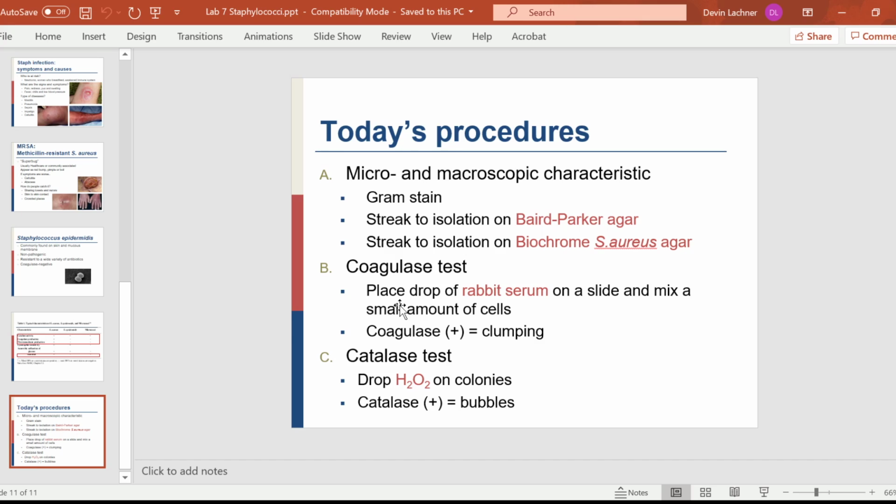Now, if we were in lab, we would be performing a gram stain and then a streaked isolation on Baird-Parker and BiochromeStaph aureus agar. We'll be talking a little bit about that more next week.